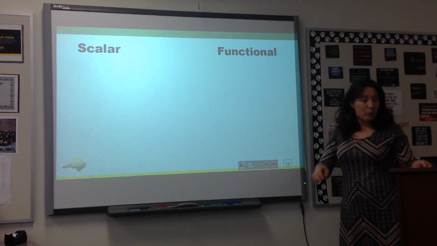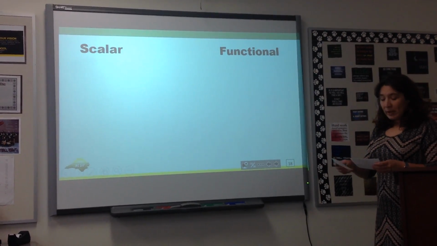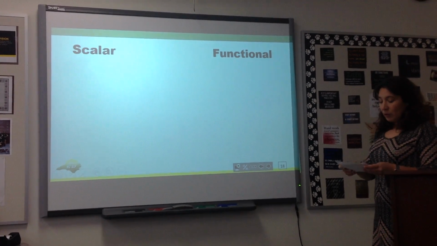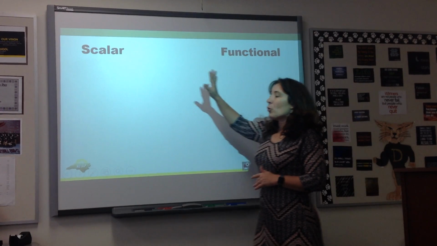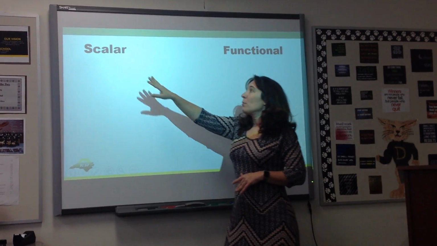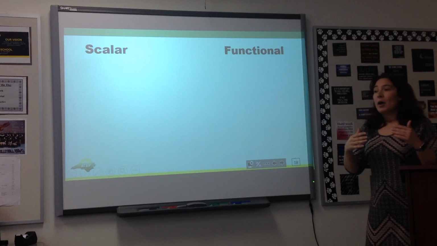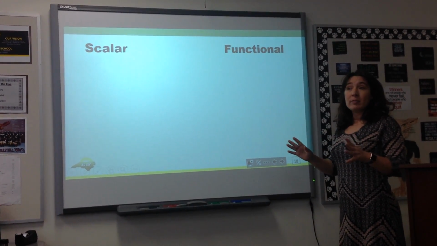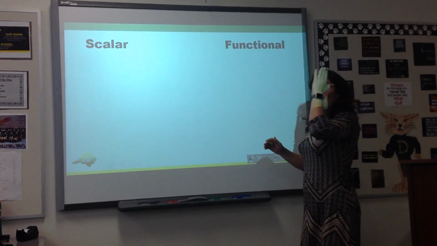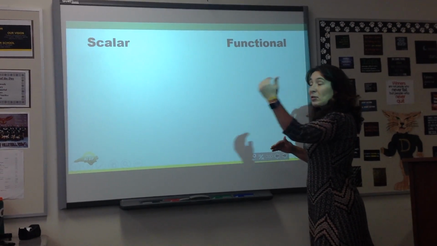So let's just review a little about the difference between scalar and functional relationships. In a scalar multiplicative relationship, you are comparing across situations. You are comparing like units. What do I do to my lawns to get to my next lawns?